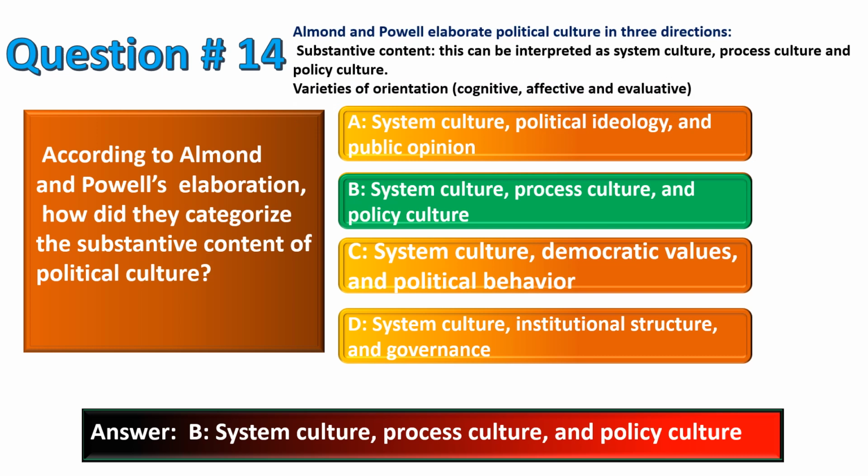Almond and Powell elaborate political culture in three directions. Substantive content, this can be interpreted as system culture, process culture, and policy culture. Then varieties of orientation: cognitive, affective, and evaluative.